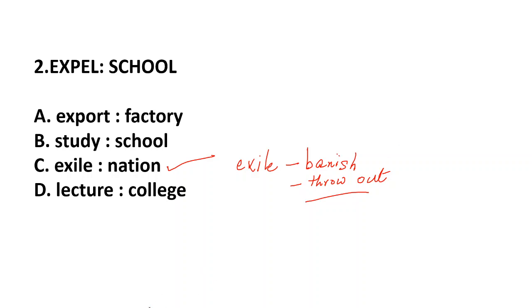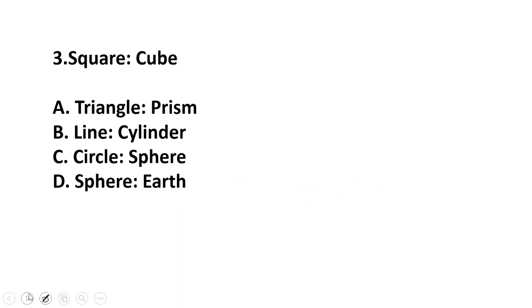So the next verbal analogy, number 3, you see, square, cube. The square means what? This is a square, and this is also called a cube. A cube is also a kind of square only.